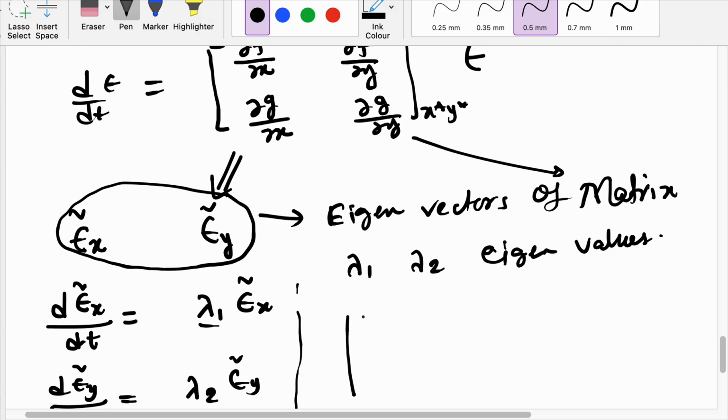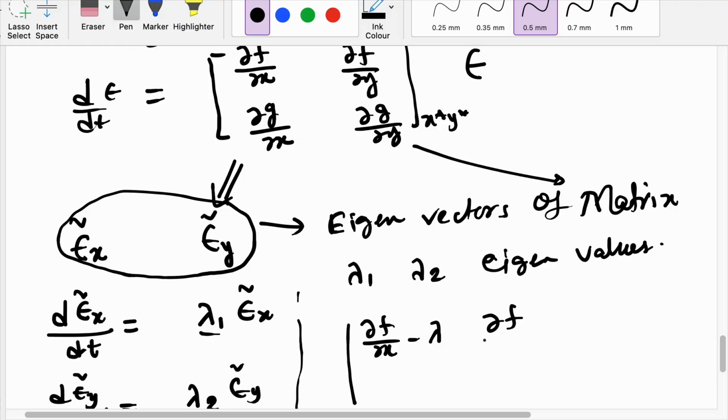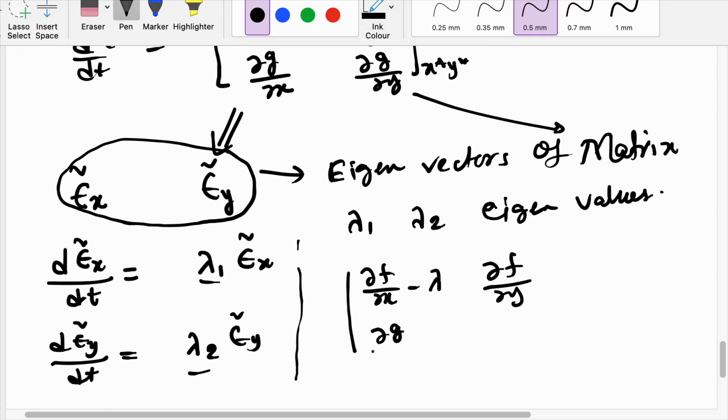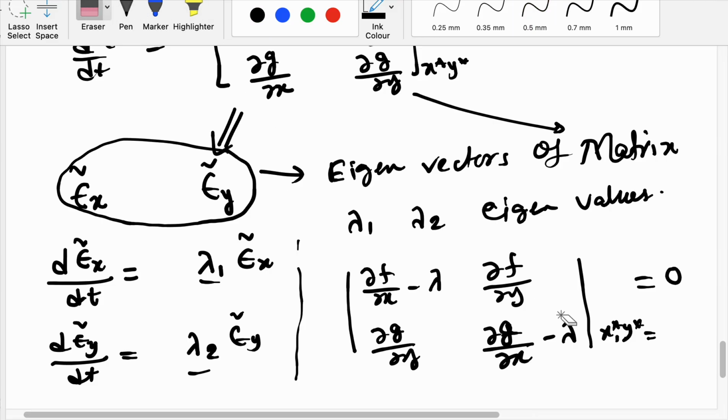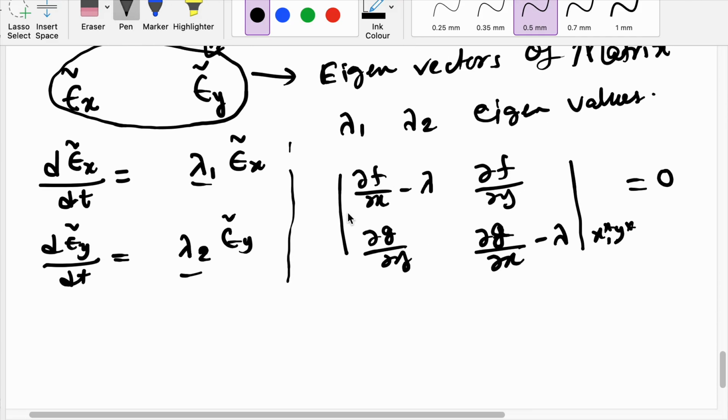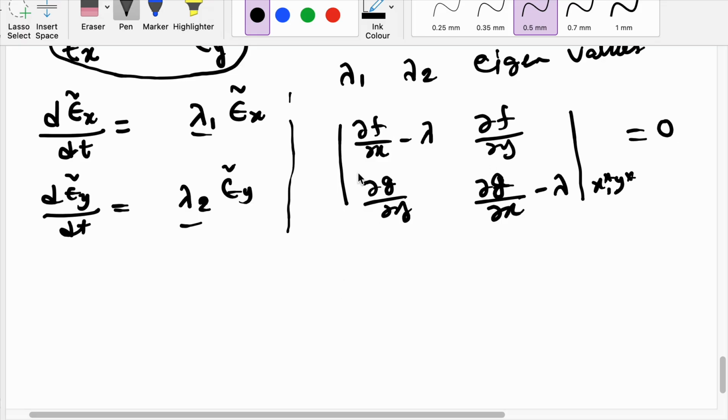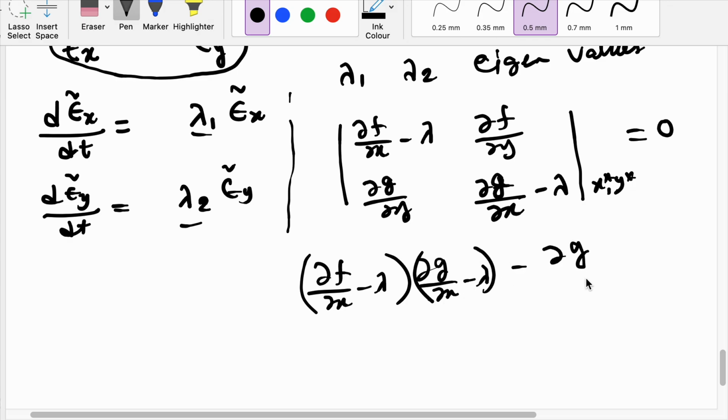Simply by solving this equation: the determinant of the matrix with entries del f del x minus lambda, del f del y, del g del x, and del g del y minus lambda, at x star, y star, equal to 0. From this determinant, it will be del f del x minus lambda times del g del y minus lambda, minus del g del x times del f del y, equal to 0.